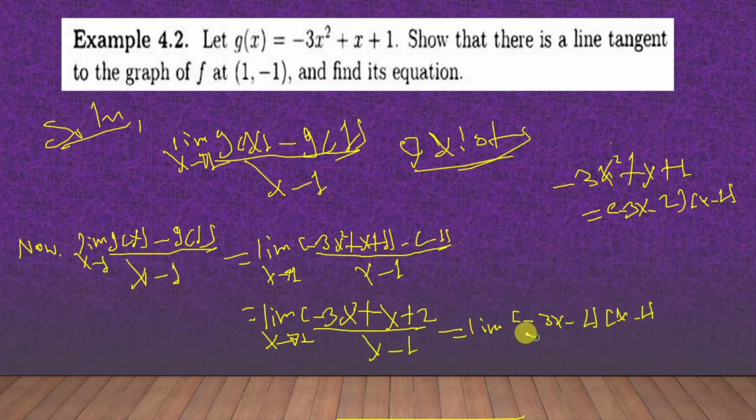Our target is to eliminate x minus 1 from the denominator of our equation as x approaches 1. Now we easily cancel x minus 1 by x minus 1.